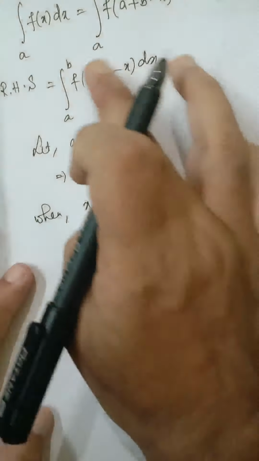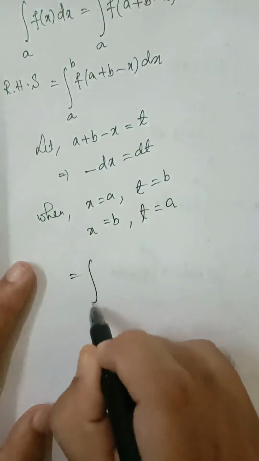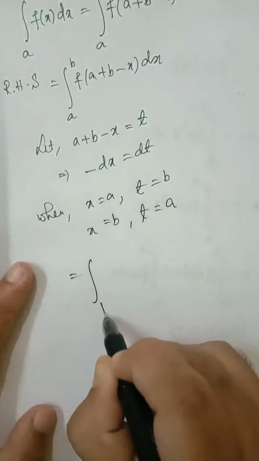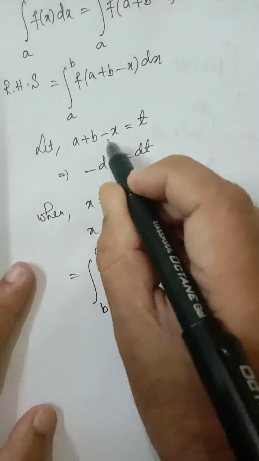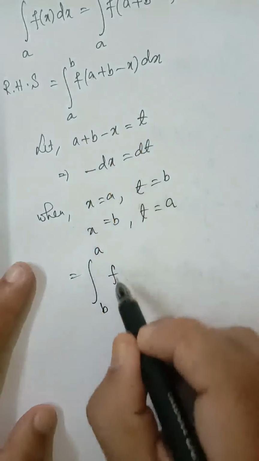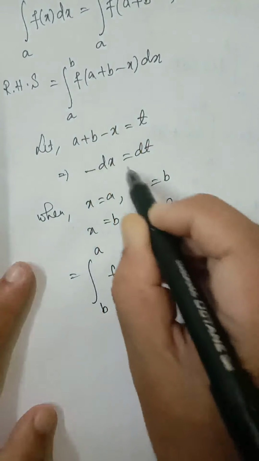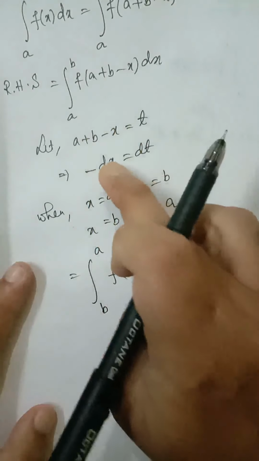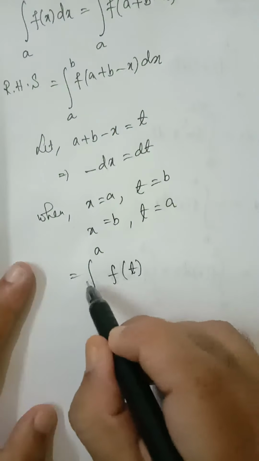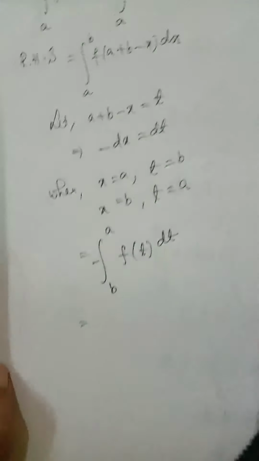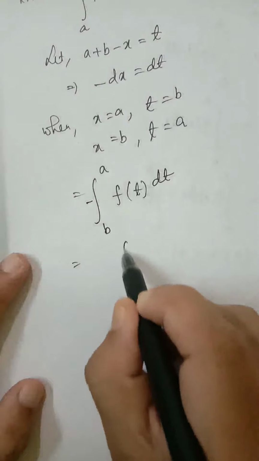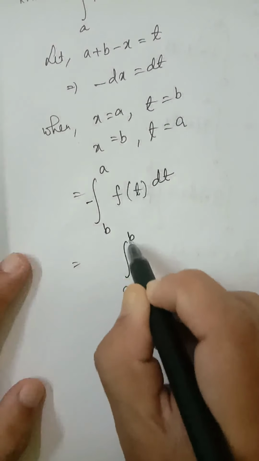Now this integral changes to, when x equals a, t equals b, so b to a f of a plus b minus x, which is t, so f(t), and this dx is equal to minus dt. The next line will interchange the limits, minus b to a will be a to b.